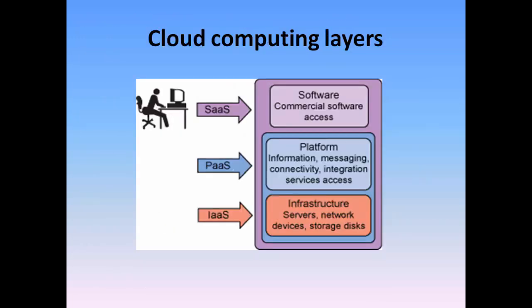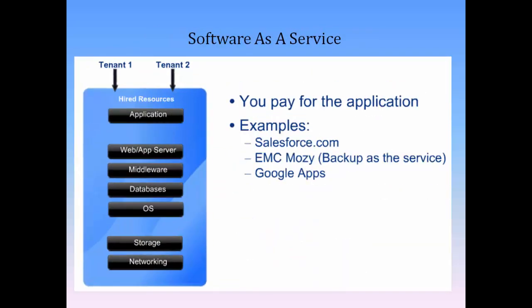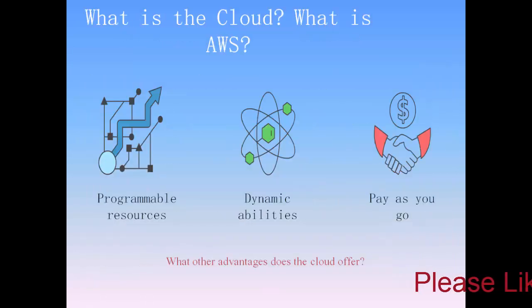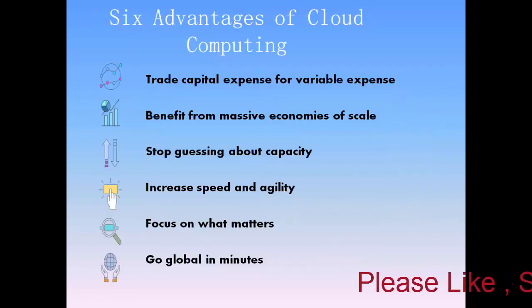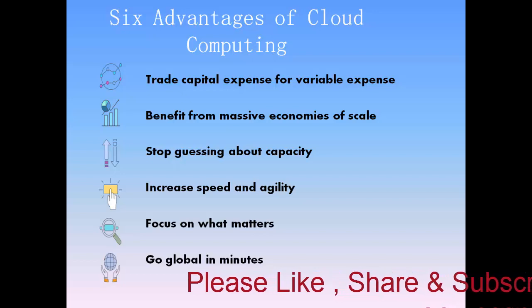How it works: computing layers, infrastructure as a service, platform as a service, and software as a service. No need to go into so much depth. Just a basic understanding is required, otherwise no need to worry much. So 6 advantages of cloud computing. The same you can say about AWS also.